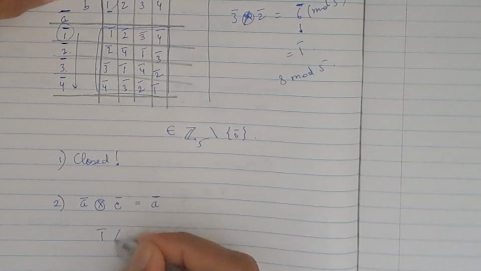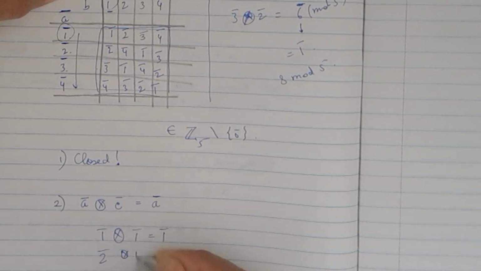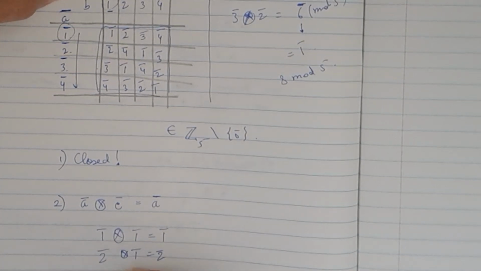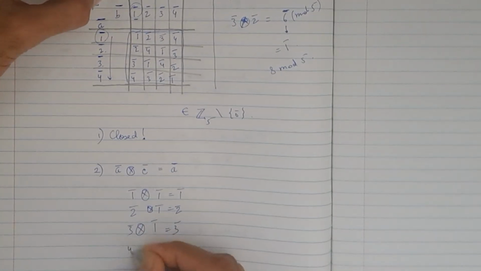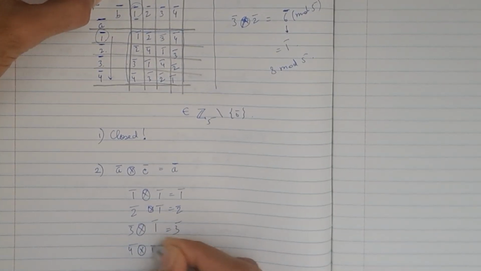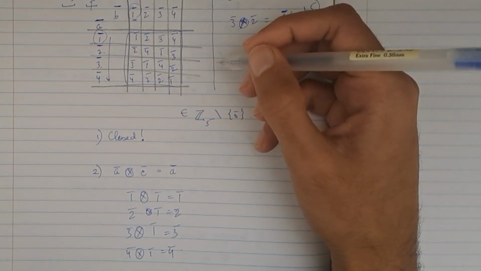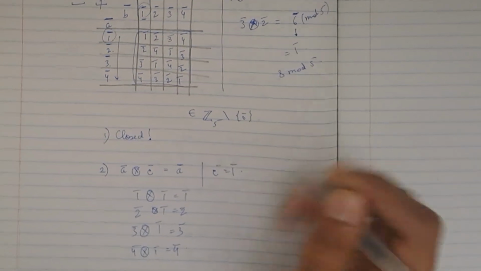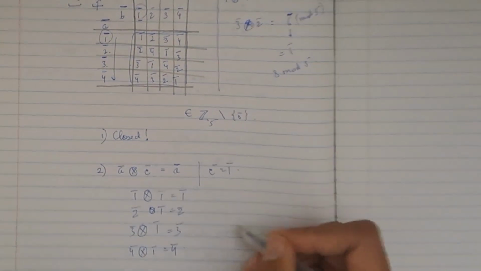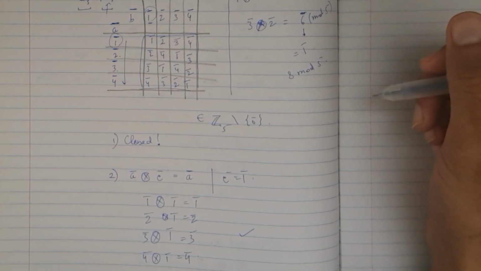So 1 is 1, 2 is 2, 3 is 3, 4 is 4. So clearly E is 1. Yep. So we've just proved that there is also a neutral element.